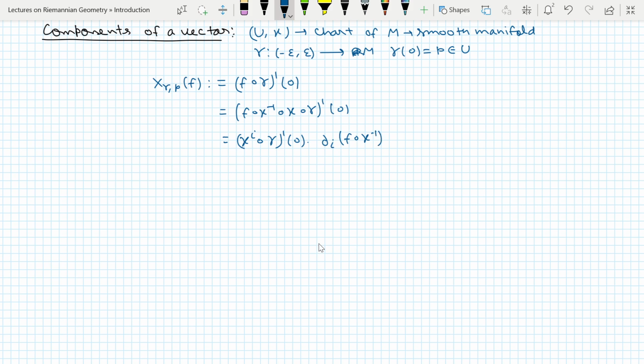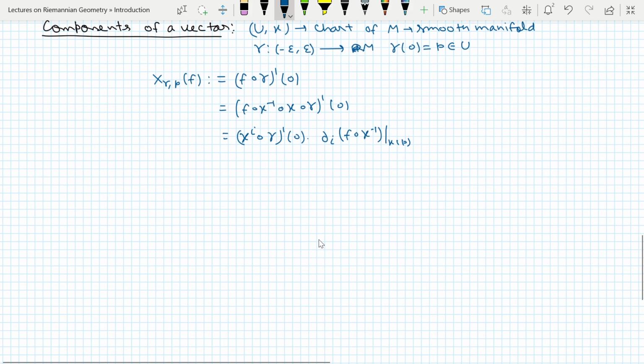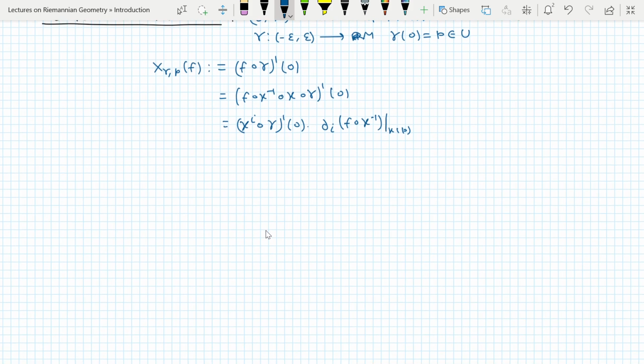So you take the ith component of that, del i f of x inverse, like this, and this is evaluated at the point x of p. Okay, now del i just tells you which entry to differentiate. This del i that you have tells you that you need to differentiate the ith entry.